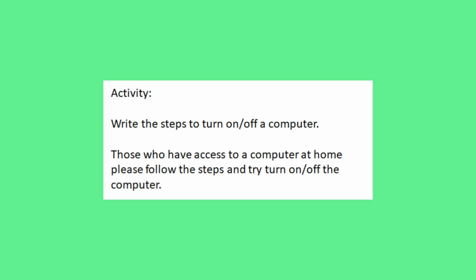Then turn to next page, write today's date in margin and write the steps to turn on or turn off a computer. Then second, those who have access to a computer at home, please follow the steps and try to turn on and turn off the computer.